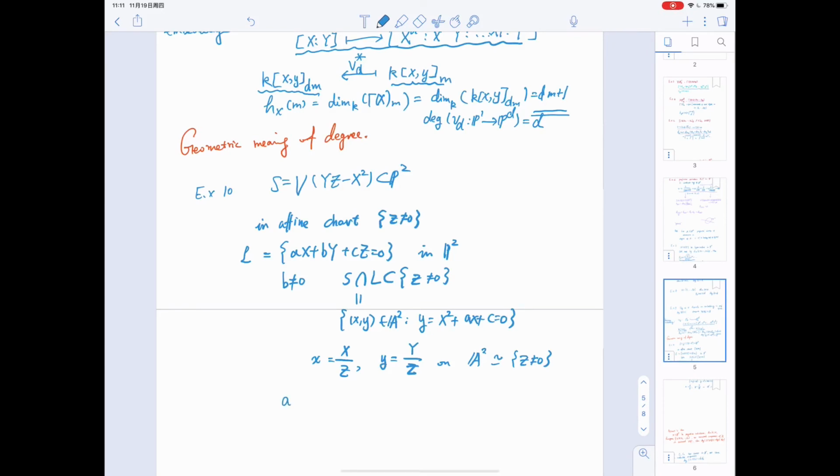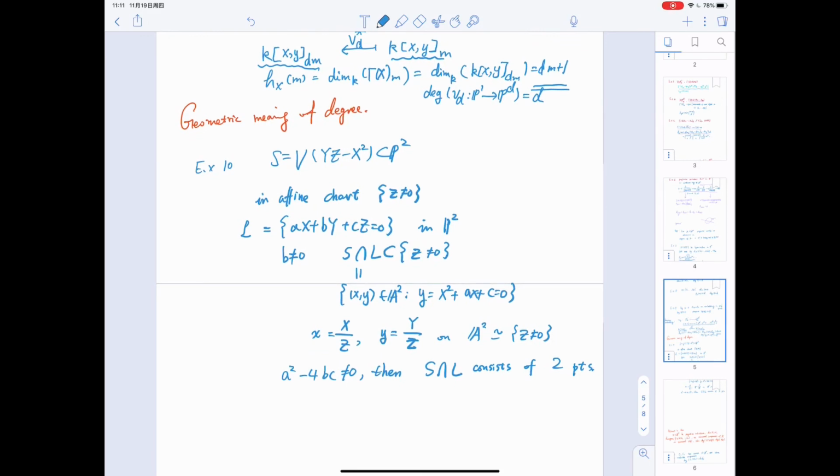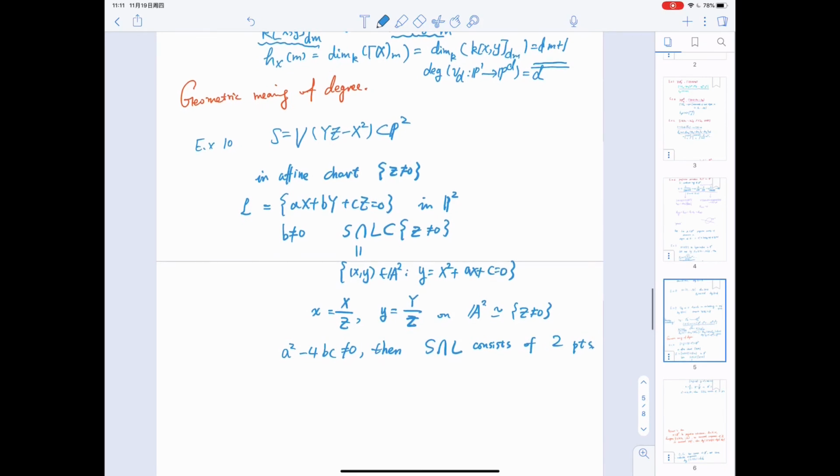Provided that a squared minus 4bc is not equal to 0, then S intersect L consists of exactly 2 points. Furthermore, the collections of lines satisfying b not equal to 0 and a squared minus 4bc not equal to 0 are both open in the Grassmannian, so their intersection is open as well. Therefore, a general line L in P2 intersects S in exactly 2 points.